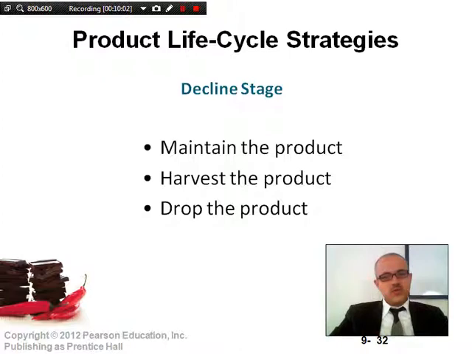Decline stage, that's when you maintain the product, you want to harvest the product, or you want to drop the product. So either declining, you want to keep whatever you can, or get the profit and go. Anyone notice Microsoft when they suspended their XP support? They no longer maintain it. You have a lot of other versions that you want to maintain.